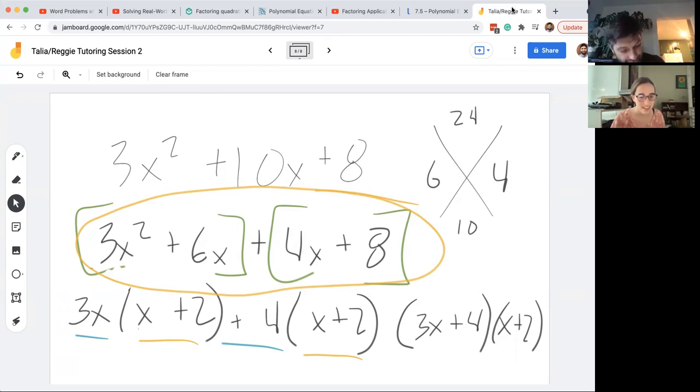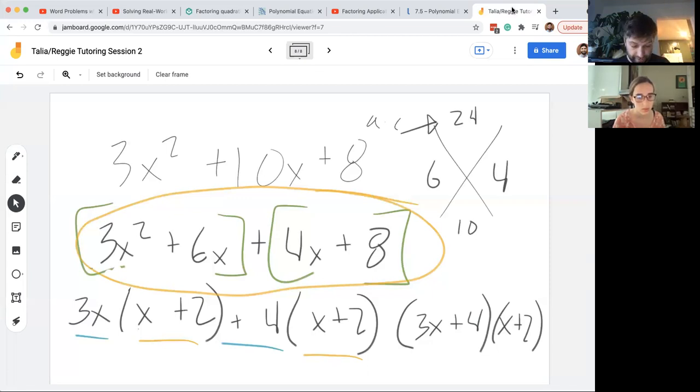So first, remember, up here you have a times c instead of just c, which you did. I got out of my Jamboard, so I need to get back and do it. It's this bad tablet. So first you have a times c at the top. Then you split up b.